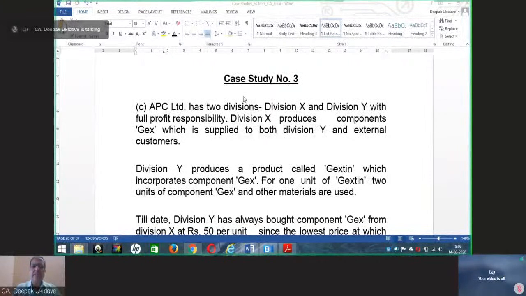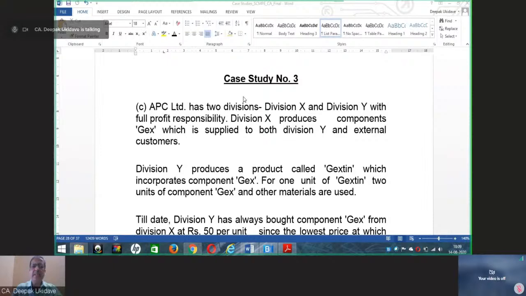Now we look at the selling price. Selling price is 50 and 180. Then we look at less variable cost, direct material. Component Jex is given as the buy-in price, which is the internal transfer price or purchase price for Division Y for manufacturing Jextin. So that is 100 rupees. Why 100 rupees? Actually the price is 50 rupees per unit of Jex, but for manufacturing 1 unit of finished product, 2 units of raw material are required.